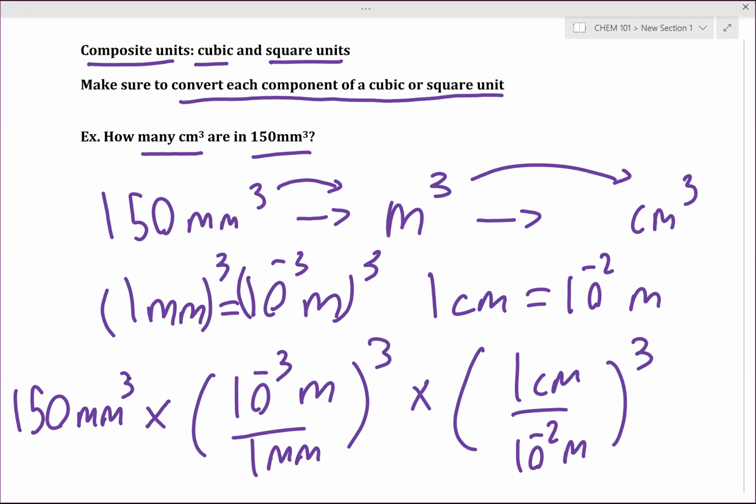Now, there are two ways of going about this. The primary way to handle cubes when you're dealing with powers of 10 is you multiply these two powers together. So what's 3 times 3? 9. Likewise, what's 2 times 3? 6. Now, there's a slightly more efficient way using your calculator that's more general. And I'll show you how to enter this and make sure to follow the keystrokes carefully.